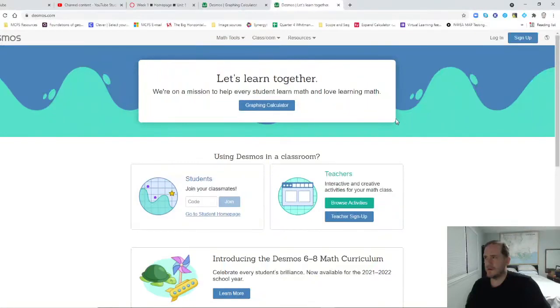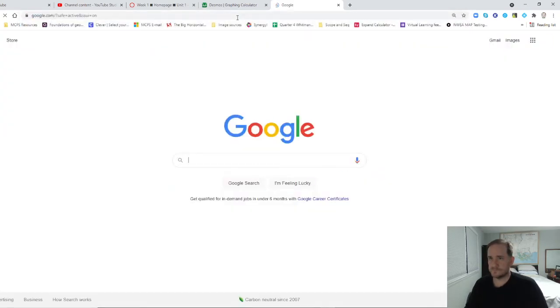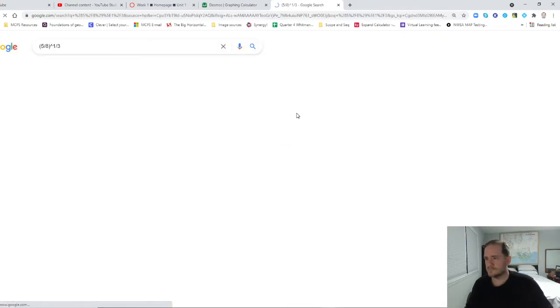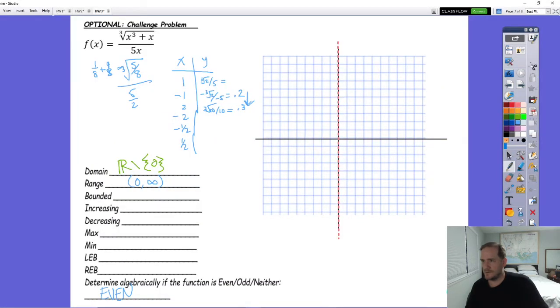Where's just the regular graphing calculator? I mean, calculator. All right, there's the cube root. Then I'm dividing by whatever we said. 5/2.